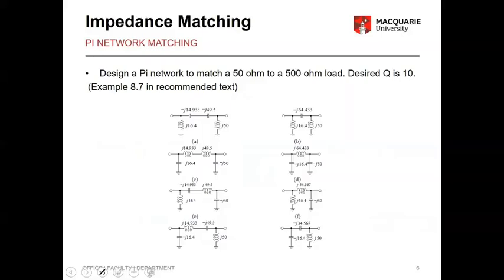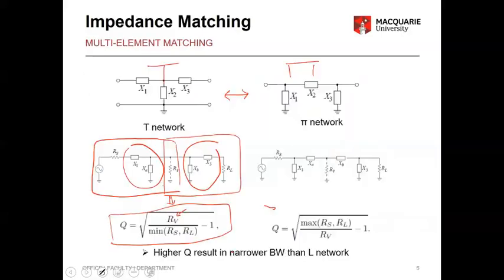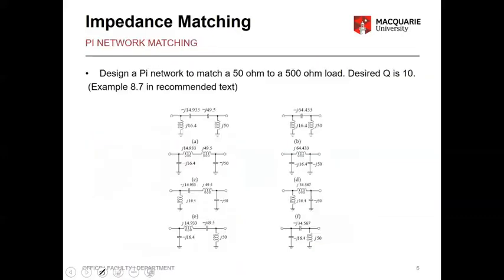So design a pi network to match 50 ohm to 500 ohm. Decide Q is, say, 10. In here, you can design the Q to be 10 by picking the RV, right? So that gives a little bit of control. Now you might find that in the STS book, the example shows 4 configurations, 4 matching networks, 1, 2, 3, and 4. This is pretty much the same matching network.